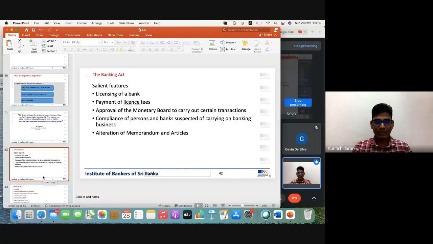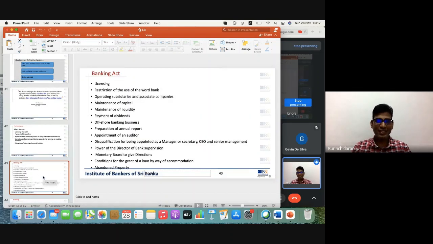If you take the key aspects of the Banking Act, it talks about licensing of banks, payment of license fees, right? And approval of the Monetary Board to carry out certain transactions, compliance of persons and banks suspected of carrying on banking business, alteration of memorandum of articles, right?